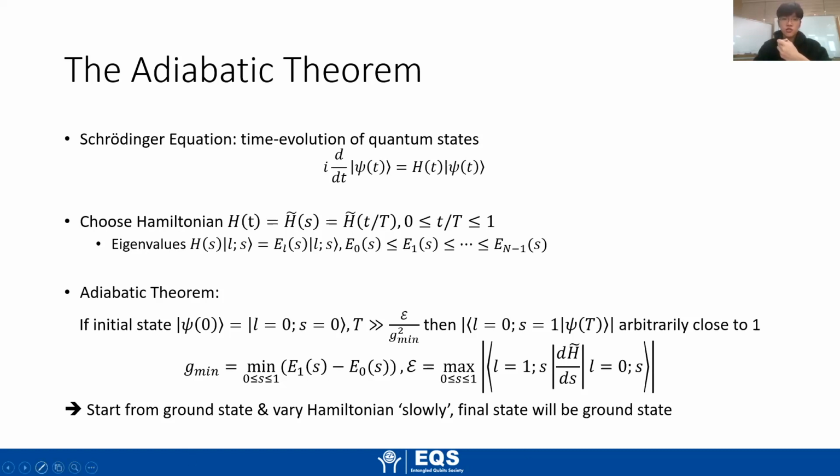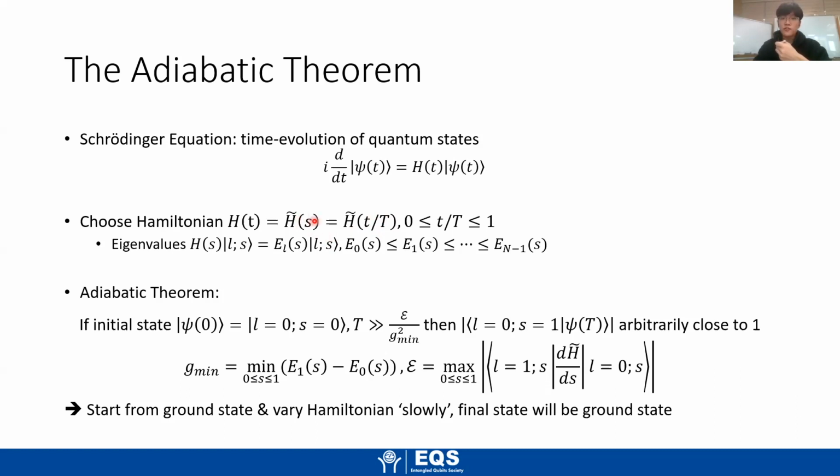So let's write the Hamiltonian H(t) as H tilde(s), where s is a value between 0 and 1. And here we parameterize s by t over large T. So basically, this large T determines how long this evolution will take.